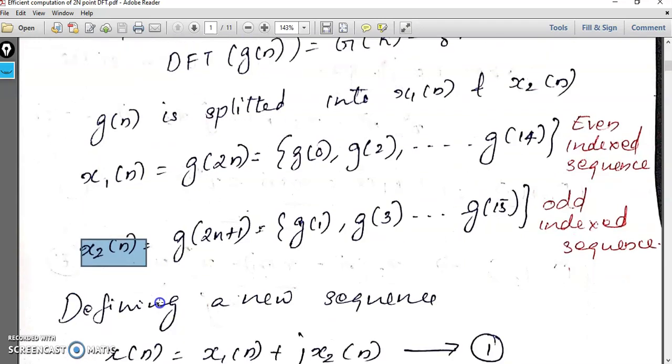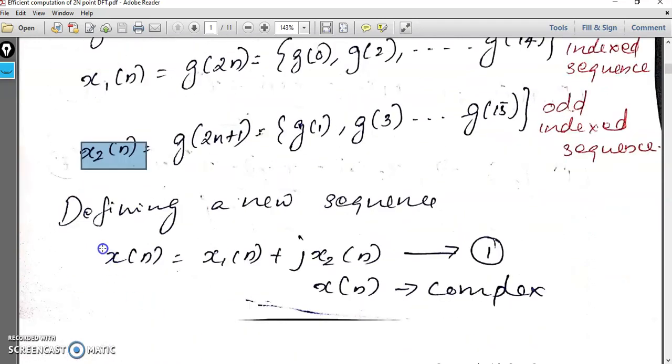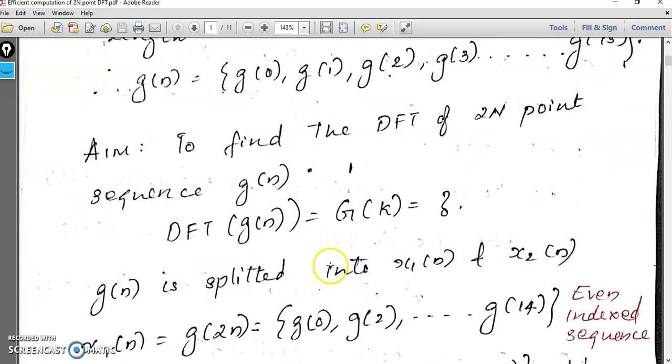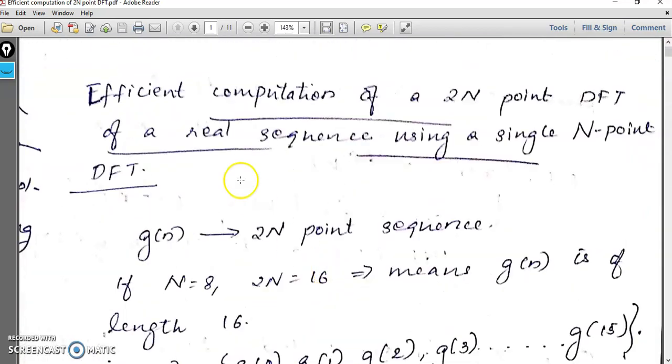Then we define a new sequence x of n using x1 of n and x2 of n in such a manner that x of n is equal to x1 of n plus j times x2 of n. That means x of n is a complex sequence. You must notice that g of n is a real sequence.